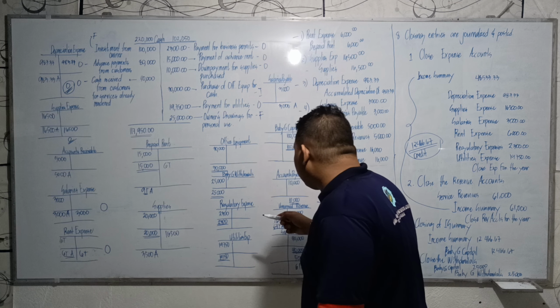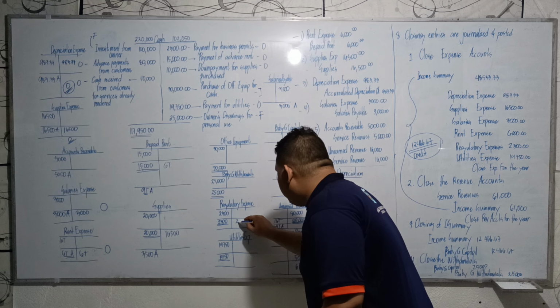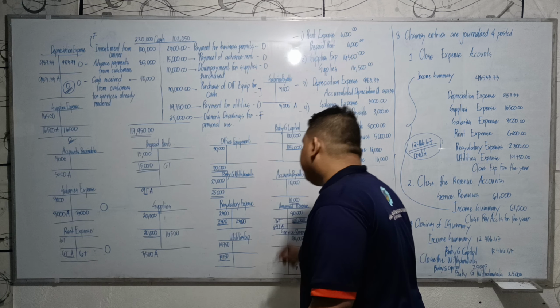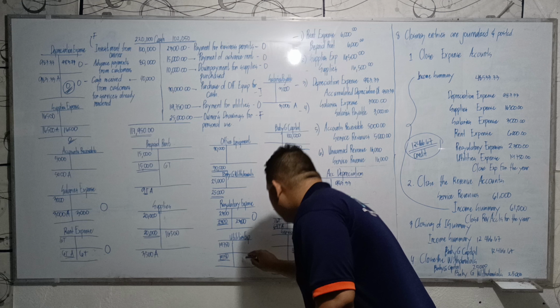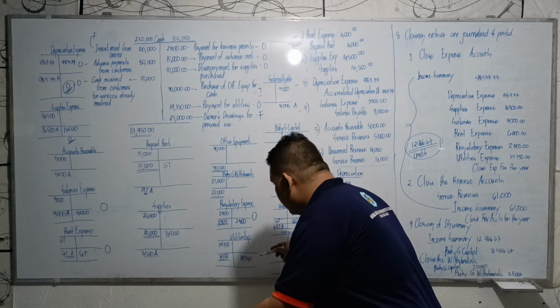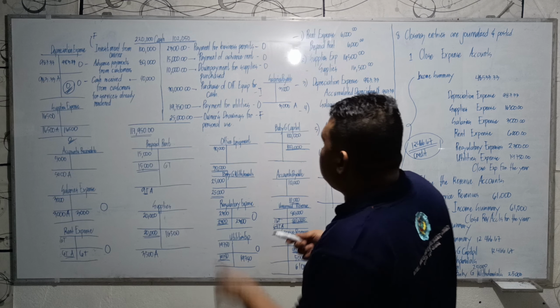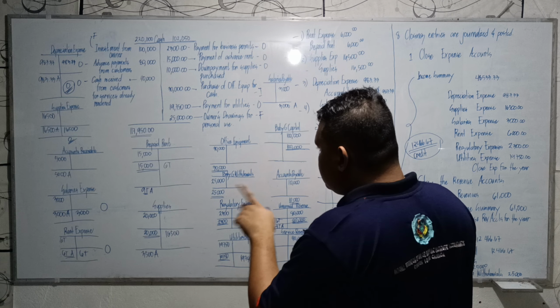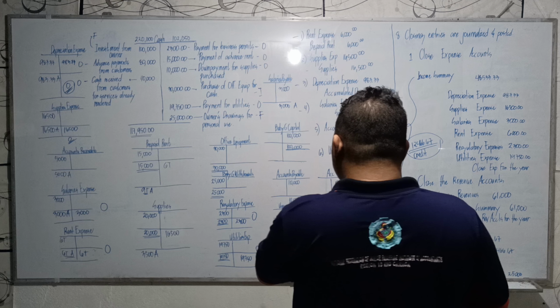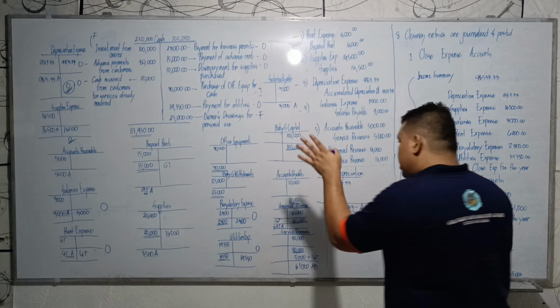So we have regulatory expense. We put here 2, 3, and it will become zero. We put here credit 19,750 under utilities expense, and it will be reduced also to zero. Depreciation, supplies, salaries, rent, regulatory expenses, utilities. That's it for the expenses.